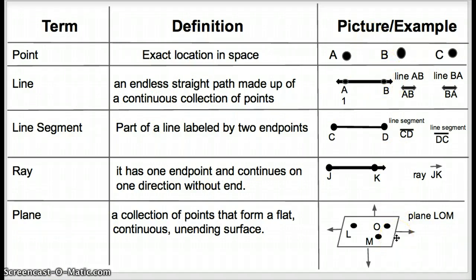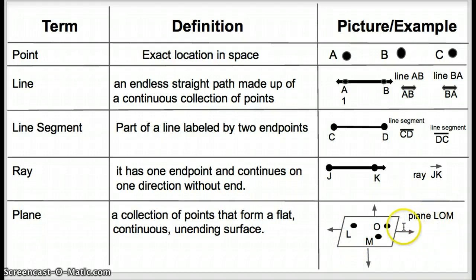In this case, we have plane. You can call this one LOM, you could call it OLM, you could call it OML. You could call it MLO, it does not matter. You notice that a plane continues on forever in all directions on a flat surface. Think of it as like a piece of paper that keeps on going forever, and it has a collection of many different points.